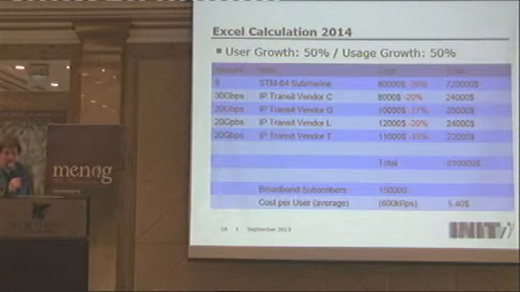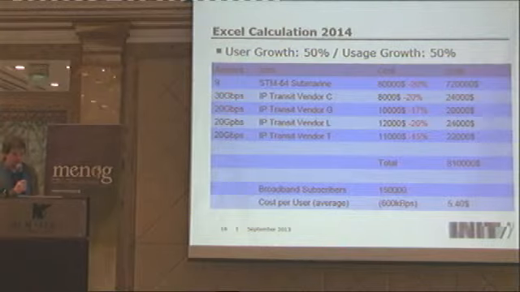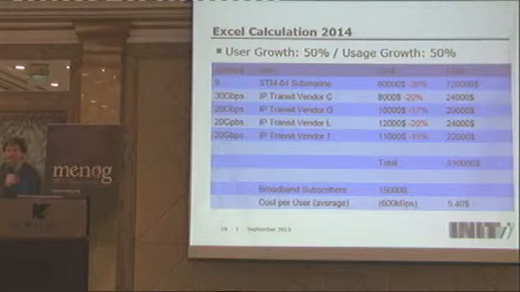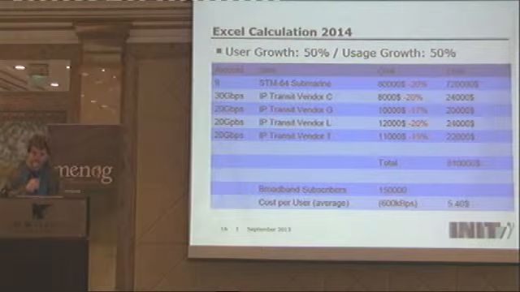This is usually how the industry works. Summing up, total cost is $810,000 per month, divided by the broadband subscribers of 150,000, and this will end up with $5.40 per user. That's more than we had last year.